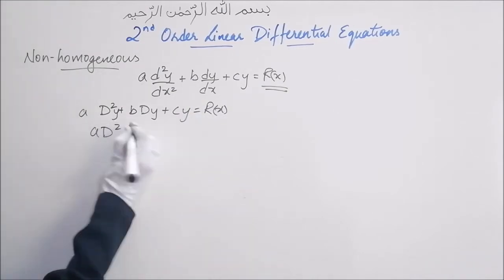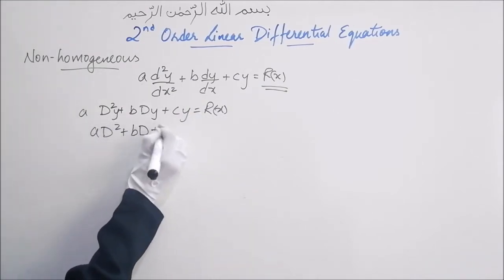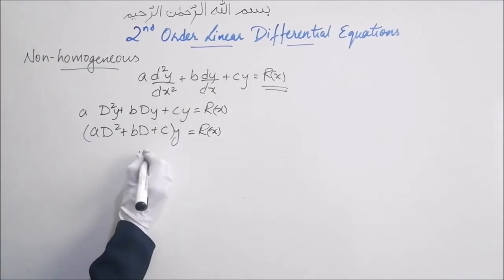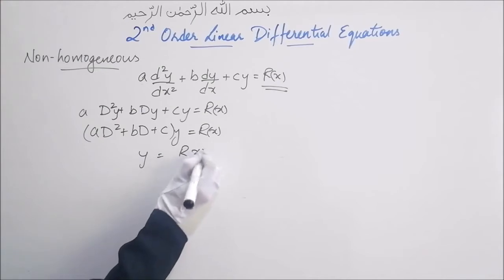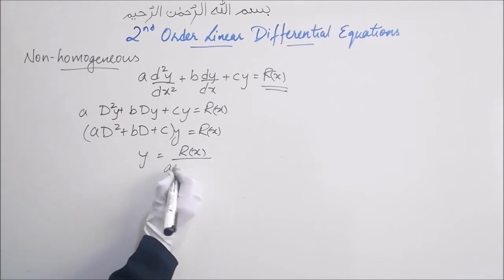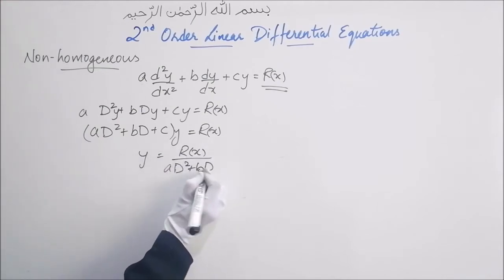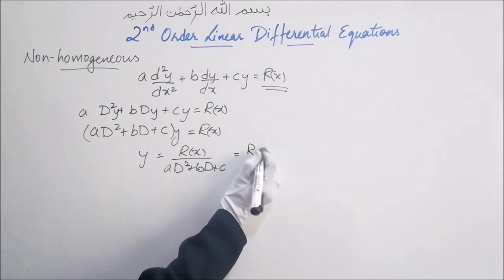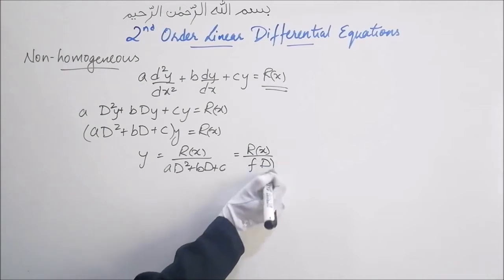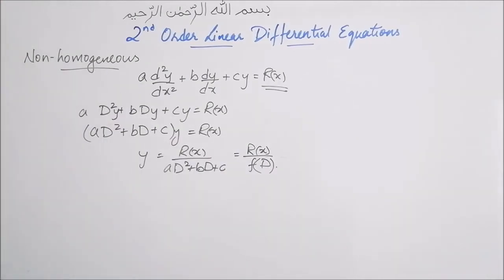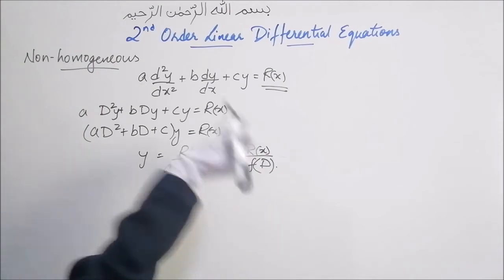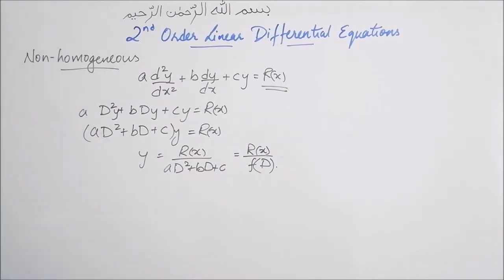This can be written as (a D squared plus bD plus c) y is equal to r of x. This y is nothing but r of x upon a D squared plus bD plus c. This we call f of D. Now depending on the type of r of x, there are different ways of getting y. Let's look into that.